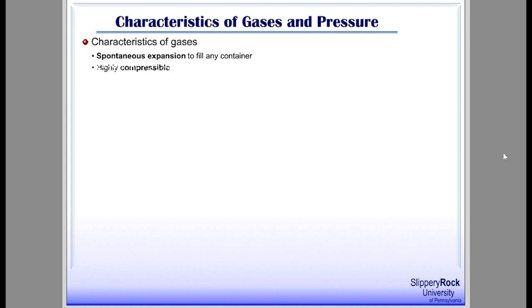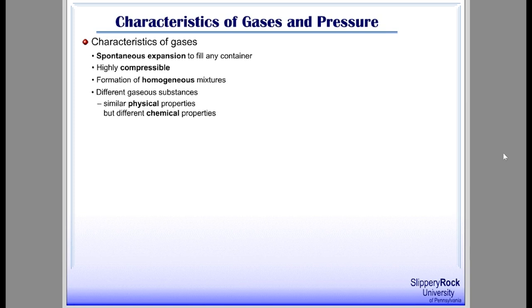They are highly compressible, as you may know from day-to-day experiences. Different kinds of gases can mix spontaneously and make homogeneous mixtures. One important thing to note is that gases of different kinds have similar physical properties, even if they have different chemical properties.